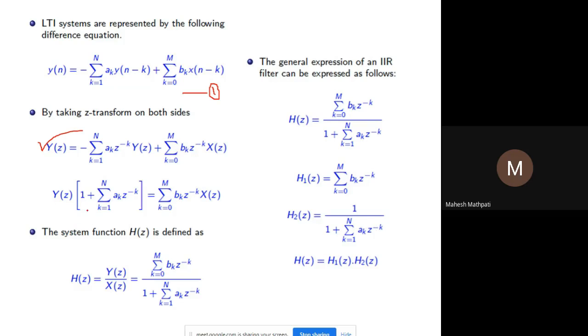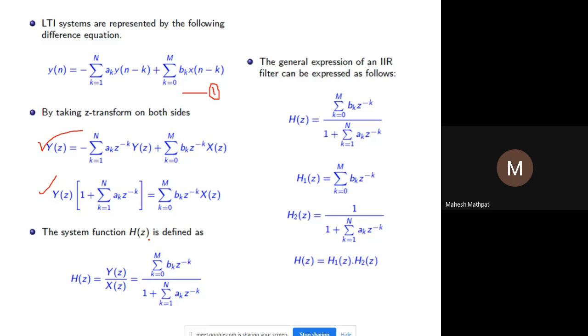So Y of z into 1 plus summation k equals 1 to n of a_k z power minus k is equal to summation k equals 0 to m of b_k z power minus k X of z.